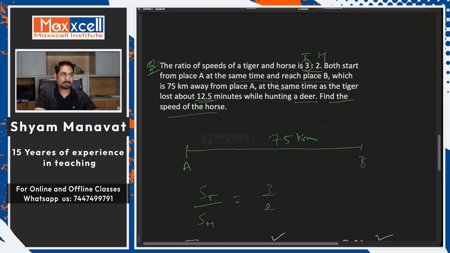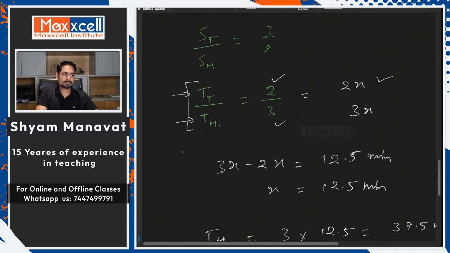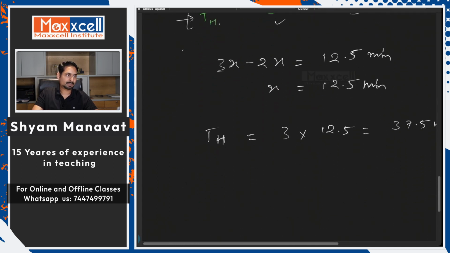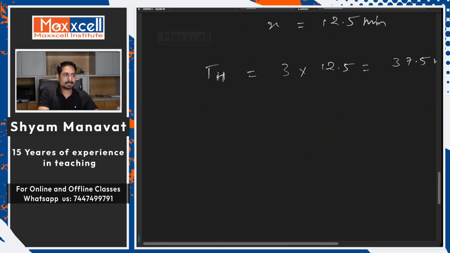The question said find the speed of the horse. Now speed is distance upon time. Distance is given in kilometers. The unit of speed is either kilometer per hour or meter per second, right?